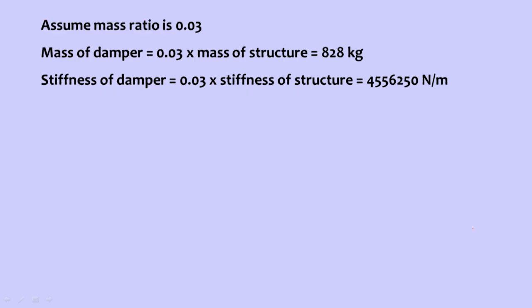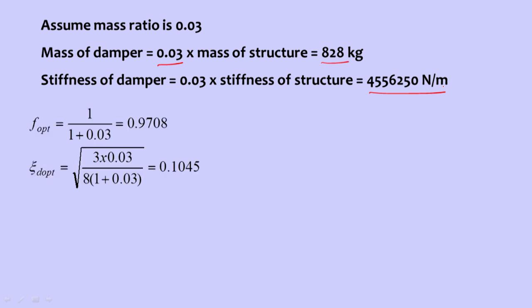Then assume the mass ratio as 0.03, so that means 3% mass is taken. So the mass of the secondary structure or damper is 828 kg. The stiffness of the damper is again 3%. We just need to tune it now because we need to match the frequency, that's why the same ratio is used in mass as well as in stiffness.